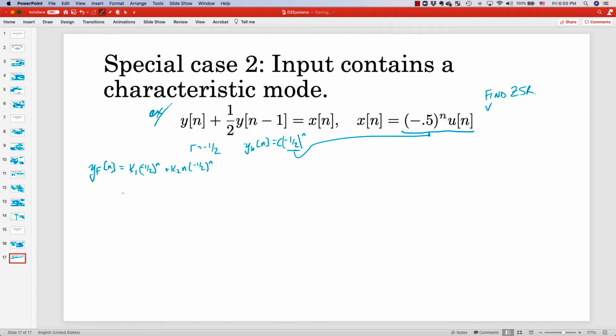So this looks like y of n, so k1 times (-1/2) to the n, plus k2 times n times (-1/2) to the n, plus 1/2 of a delayed version of this. So k1 times (-1/2) to the n minus 1, plus k2 times a delayed n times (-1/2) to the delayed n.